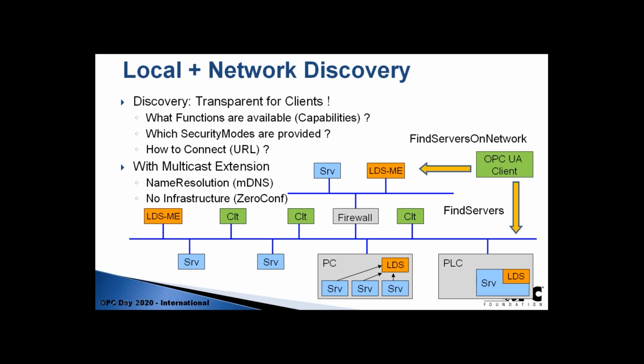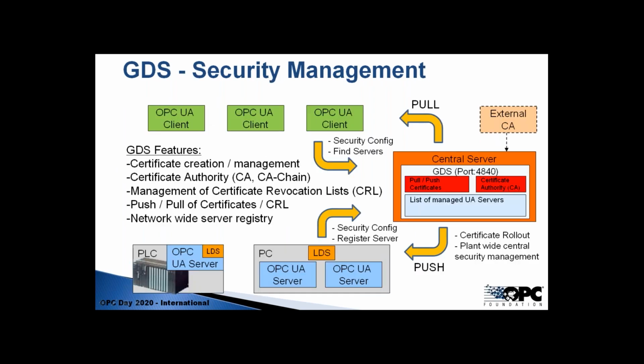The LDS-MEs can exchange the information about who's in the network between themselves, and with that you only need to reach one LDS-ME, and then you will have the picture of all the OPC servers available in the network. For an OPC client, this is transparent. The OPC client just says, find servers on network or find servers, and then it will get the complete list of servers available.